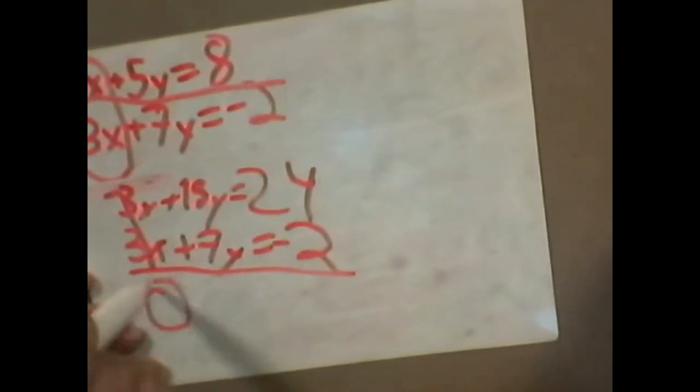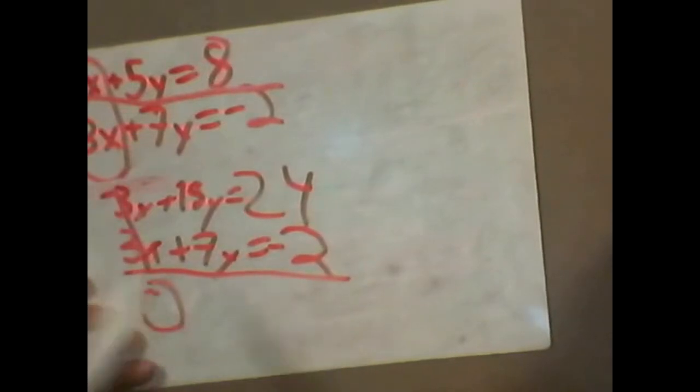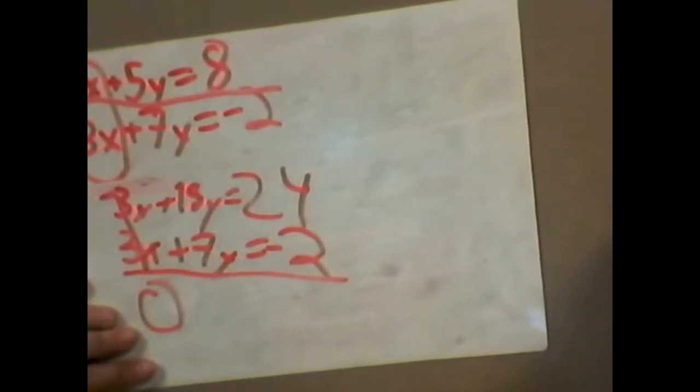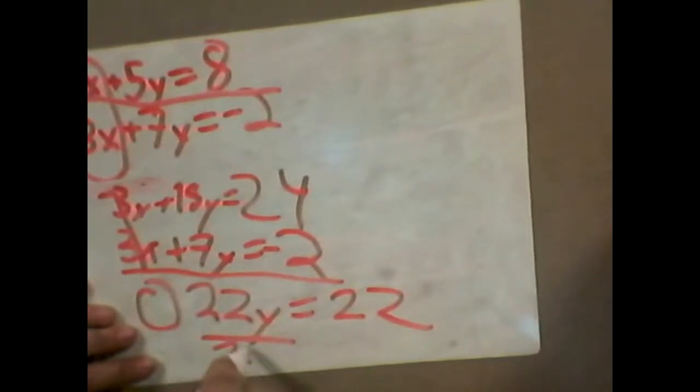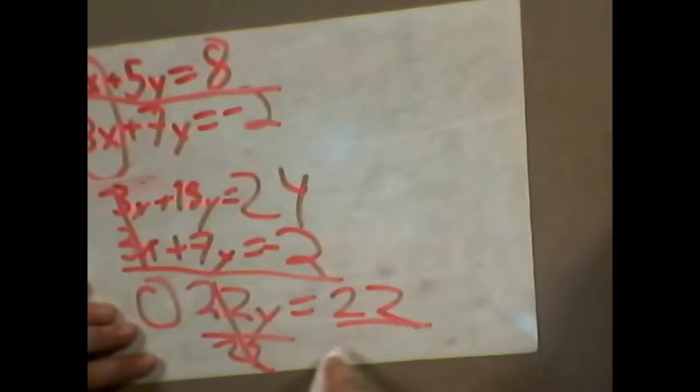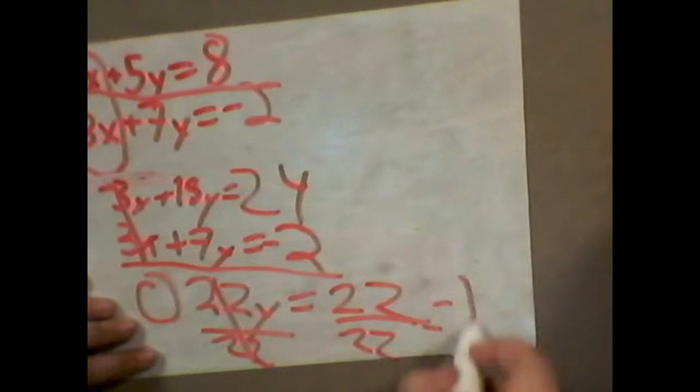Those two cancel out, so that's 0. You add these together and you get 22y equals 22. Then divide, that's 1. So y equals 1.